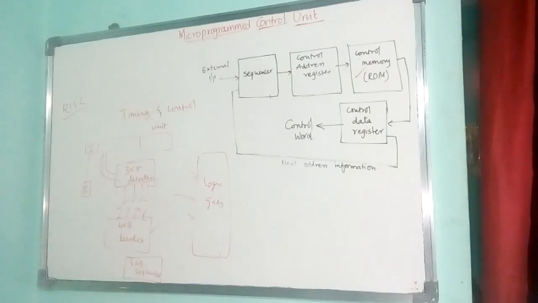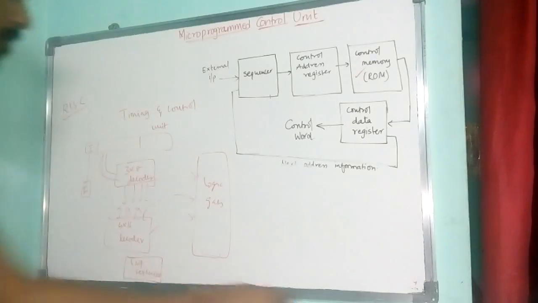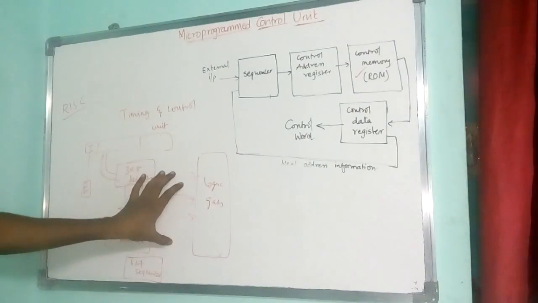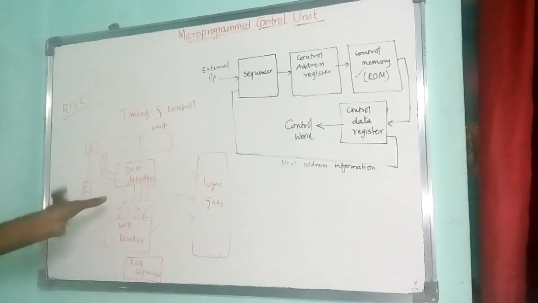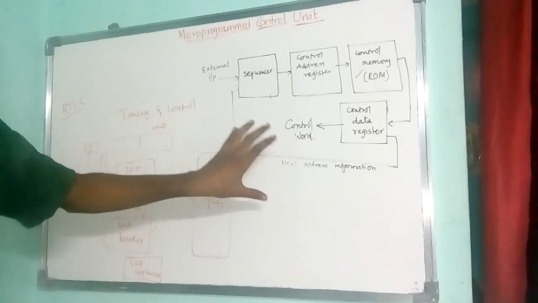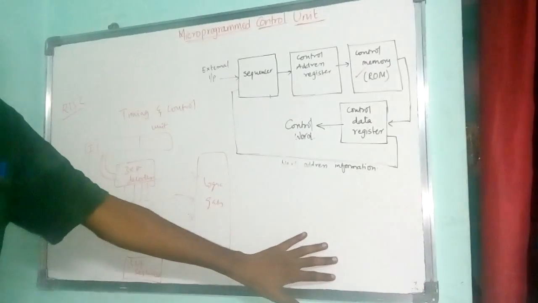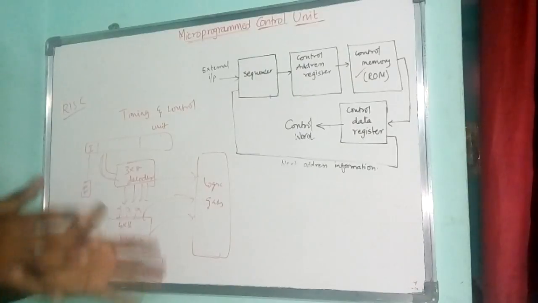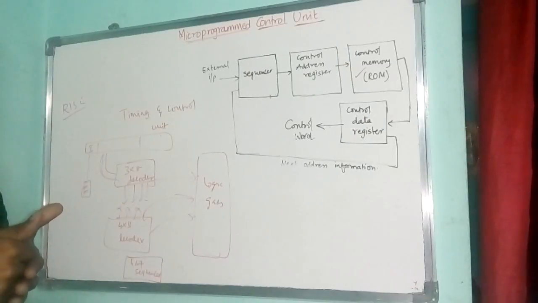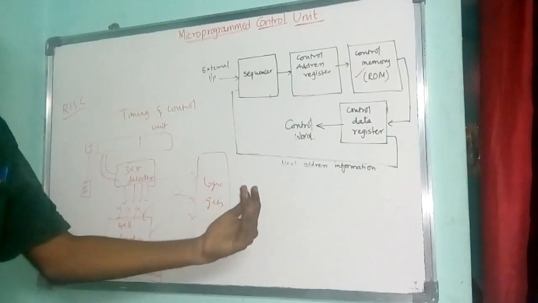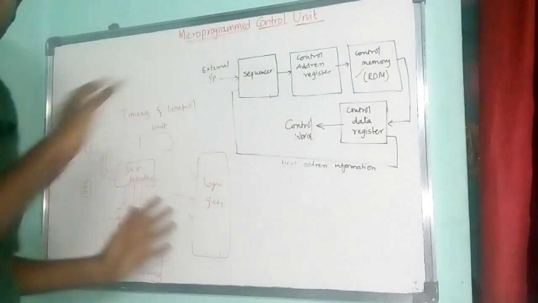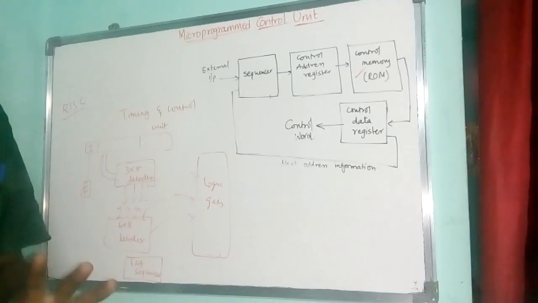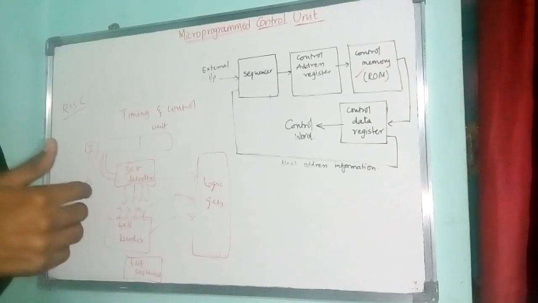Here we use more hardware than software programs. That means the programming will be less, but registers will be more here. Whereas in the microprogram unit the programming instructions will be more and registers will be less. But the main advantage here is once the order is set, if you want to change the program, there is no need to change the entire hardware. Just changing the micro operations in the micro instructions will be sufficient to change the entire program.